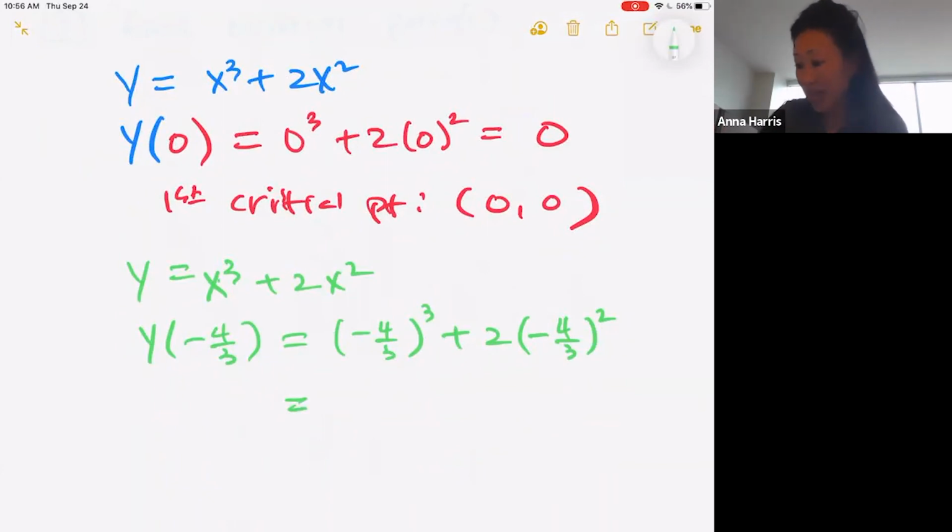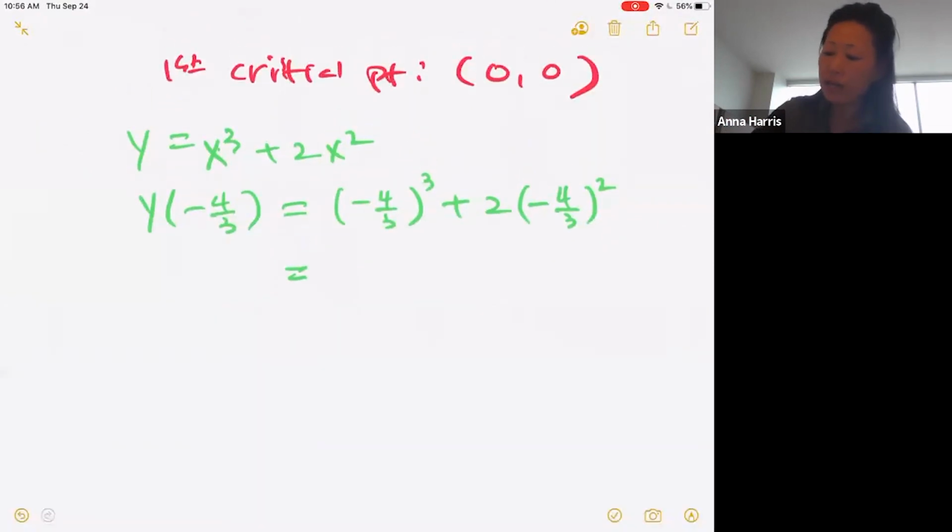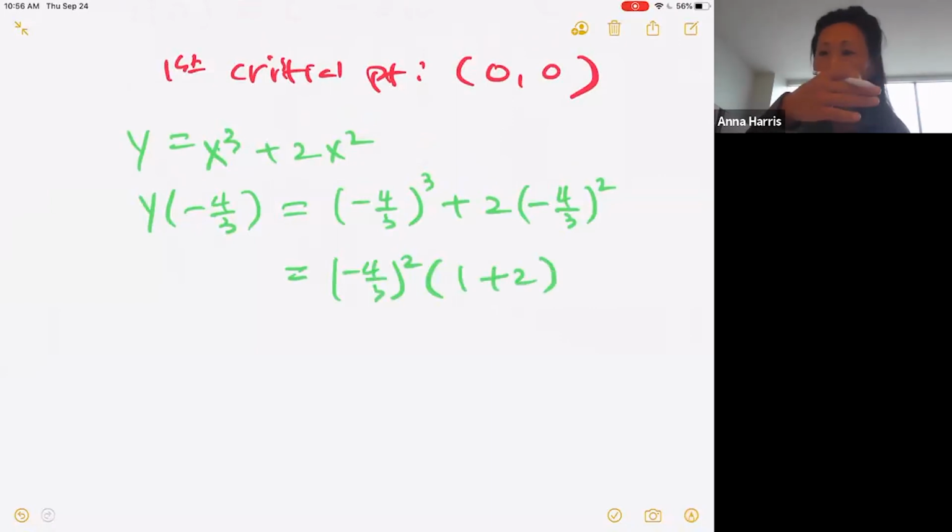I can just say 4/3 and 4/3. I'm going to bring out 2 of them in the front, so it'll be easier for me to calculate. You can use your calculator if you want to. So in my case, I'm just going to put them in the front. I'm factoring out 2 of this.